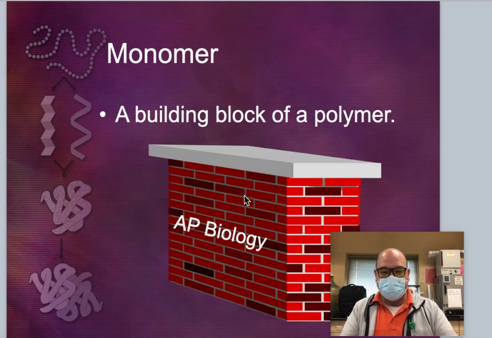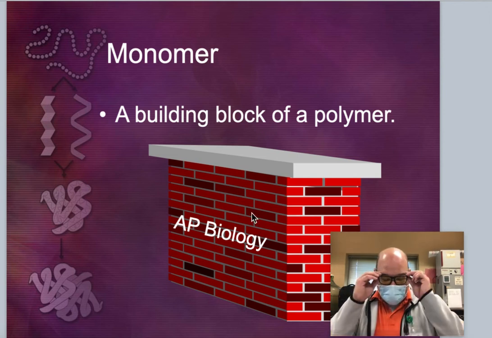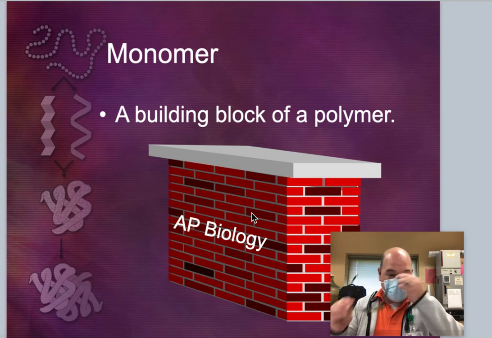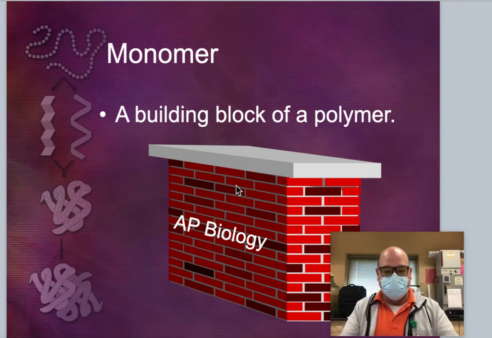And you can think of this as each brick is a molecule, and when we join them all together, you get a macromolecule or a polymer. So each brick could also be called a monomer. So mono means one, polymer means many, so it's pretty easy to figure it out.